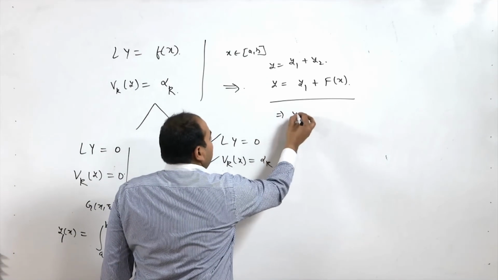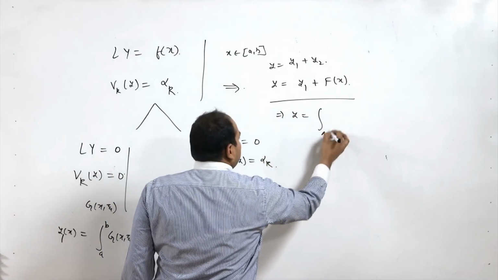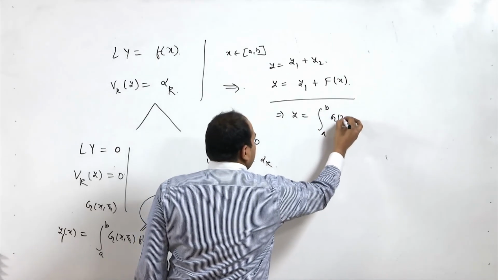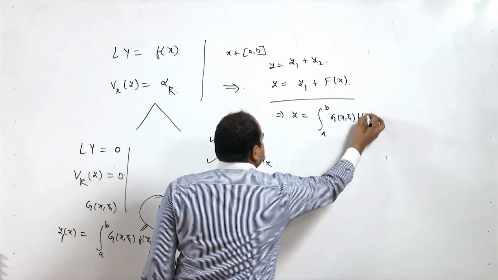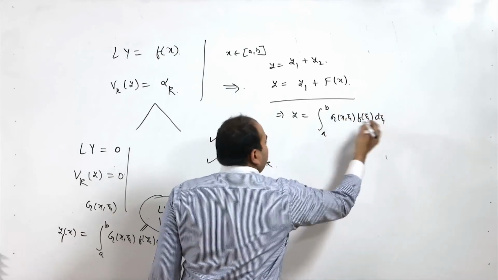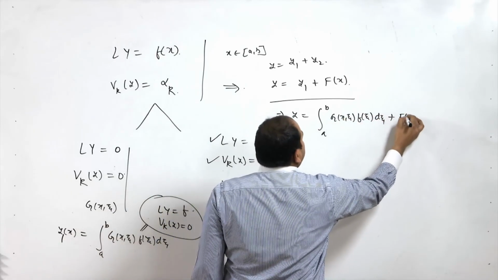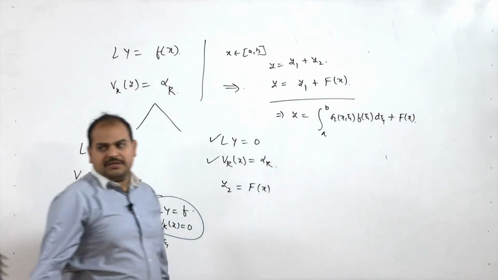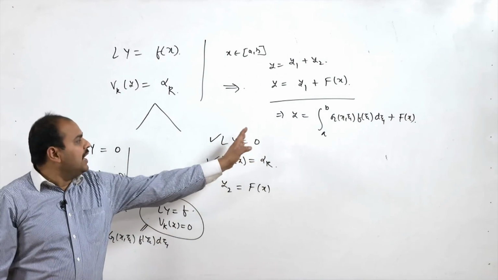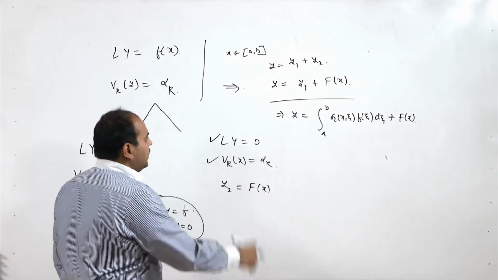So y equal to the integral from a to b of g of x, xi, f of xi d xi plus f of x here. You can verify this by simply operating L on this.